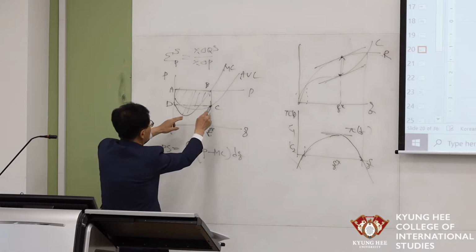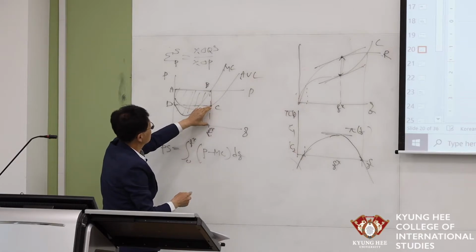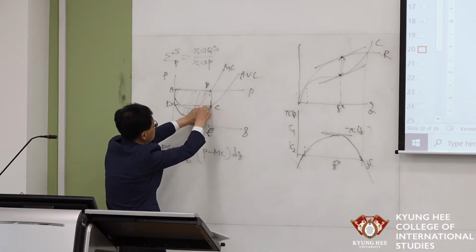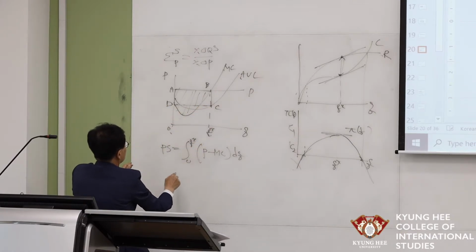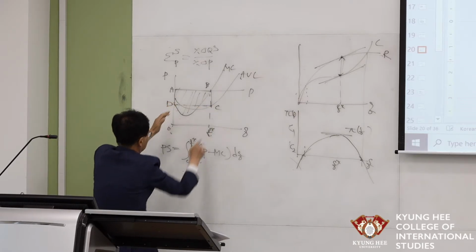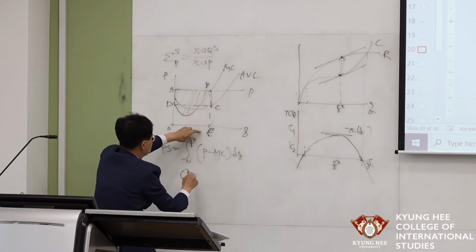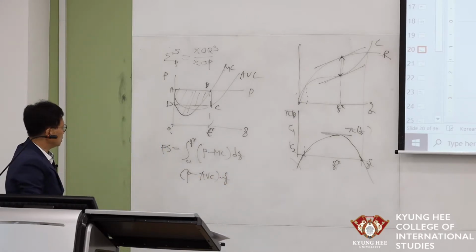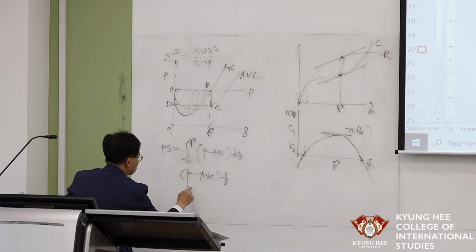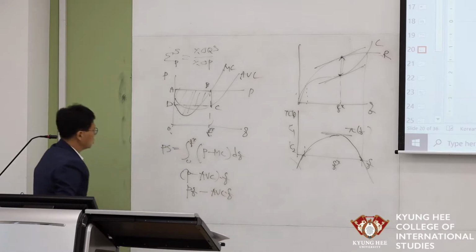The second definition of producer surplus is this one. So when producing Q star, average variable cost is this one. Right? Price minus average variable cost, multiplied by Q. That is equal to PQ minus average variable cost multiplied by Q. PQ is total revenue, isn't it?